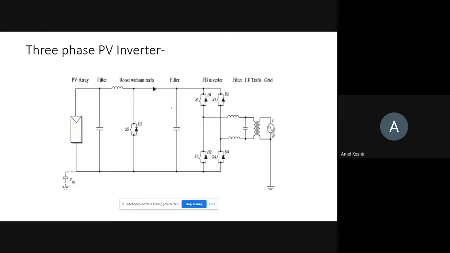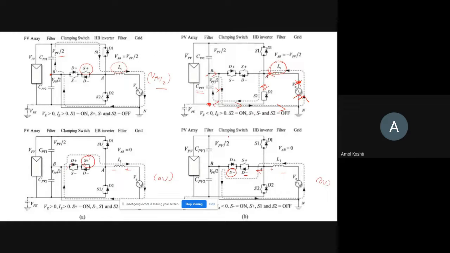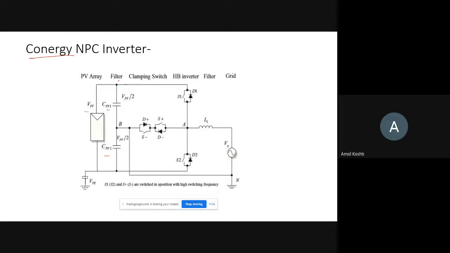Again, we can produce multi-level outputs by using this Coenergy NPC inverter structure. There can be some different mathematical formulation which is not given here, but definitely we can produce this.